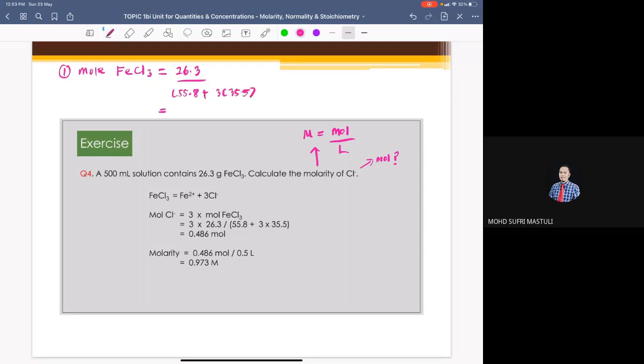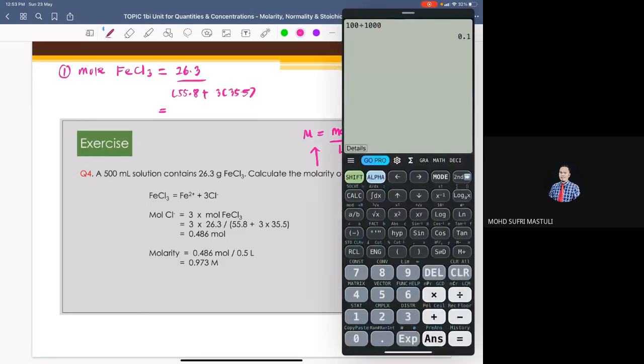So 26.3 divided by the answer, you can obtain 0.162 mole.